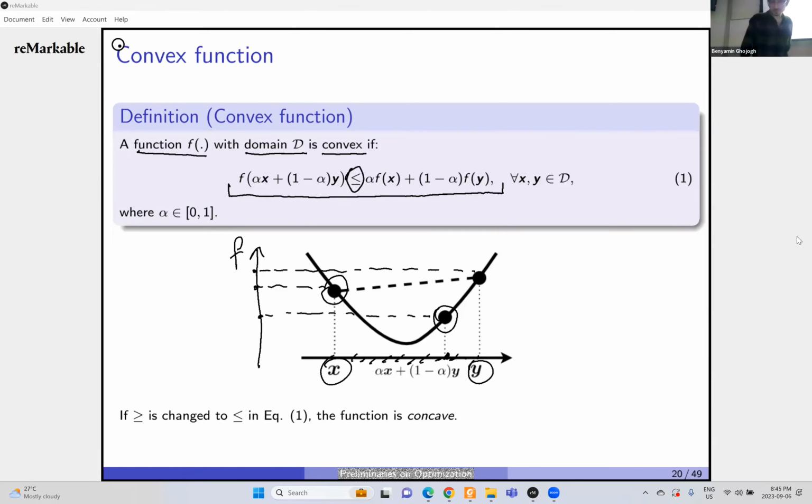In simple words, if you connect these 2 points by a line, this point should be below it. A counterexample like this is not a convex function. Consider these 2 points. This point is above. You see that?